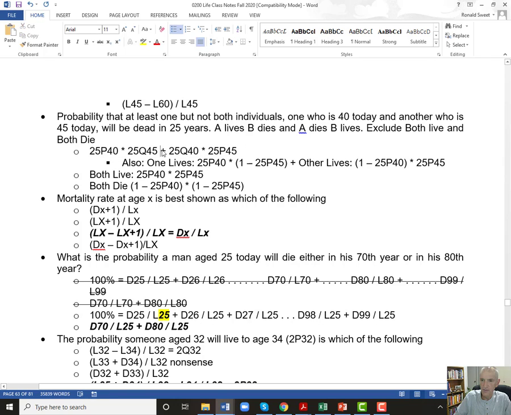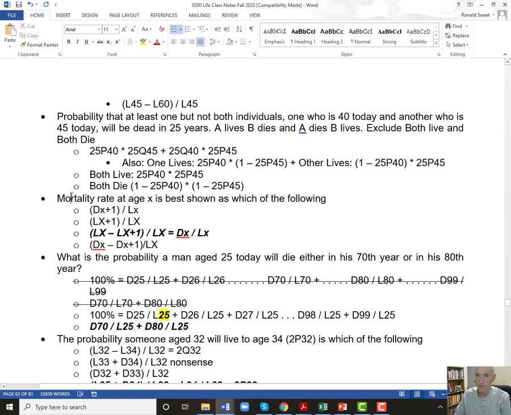It's additive, so these add up to 100%, but you multiply to get the probability for the first one living and the second one dying, plus the probability of the first one dying and the second one living. You can do it all with P's by doing 1 minus the P to do the death side. So however you write it, there's more than one way to write it.